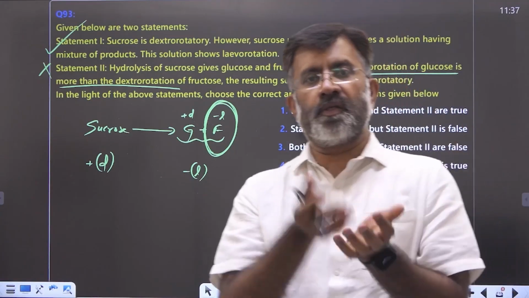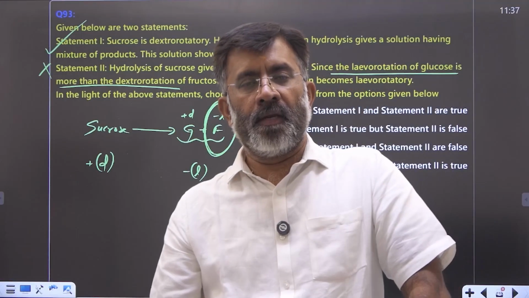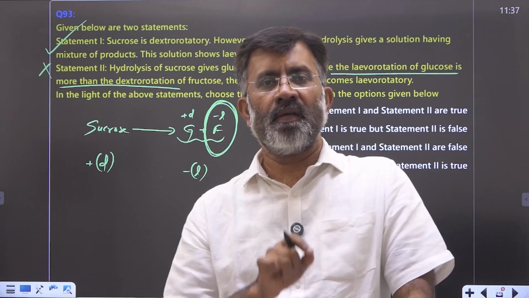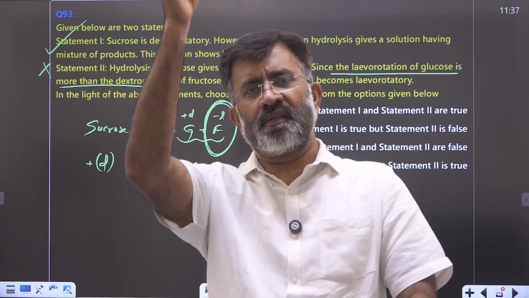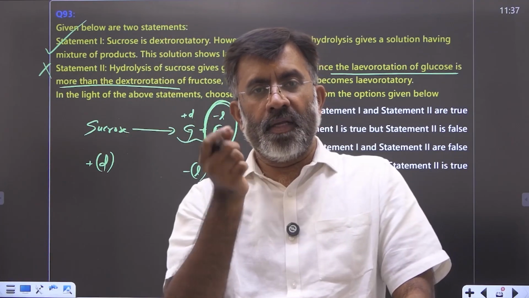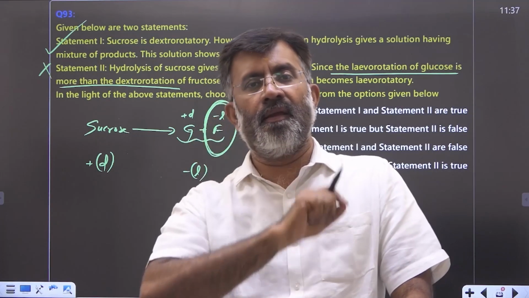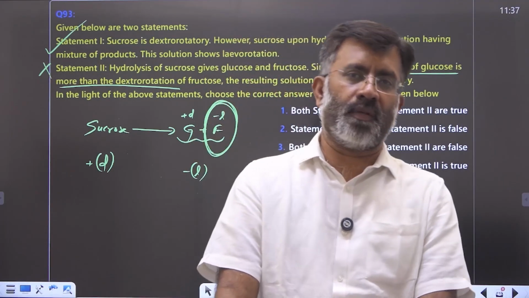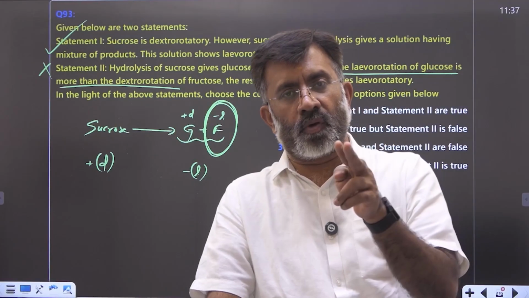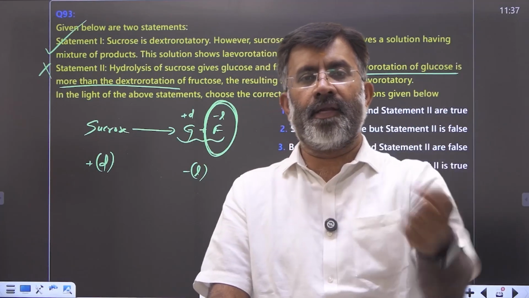How is the mixture levulose? Because the levorotation of fructose is in the range of -90, close to -100 degrees, while the dextrorotation of glucose is about +52 degrees. So the levorotatory nature of fructose is more than the dextrorotatory.